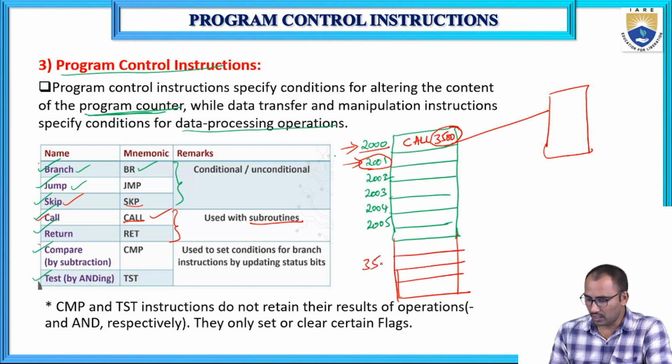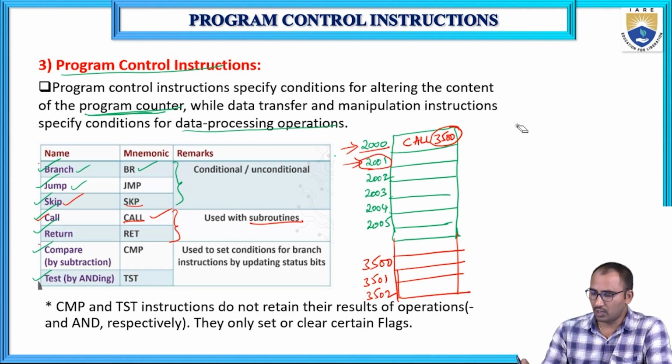Let us assume here 3500, 3501, 3502, like that. The program control will be transferred from the 2000 location to this 3500, because this address is specified in the address part of the instruction. Directly it will be transferred here, because in the 3500 location there is a subroutine.